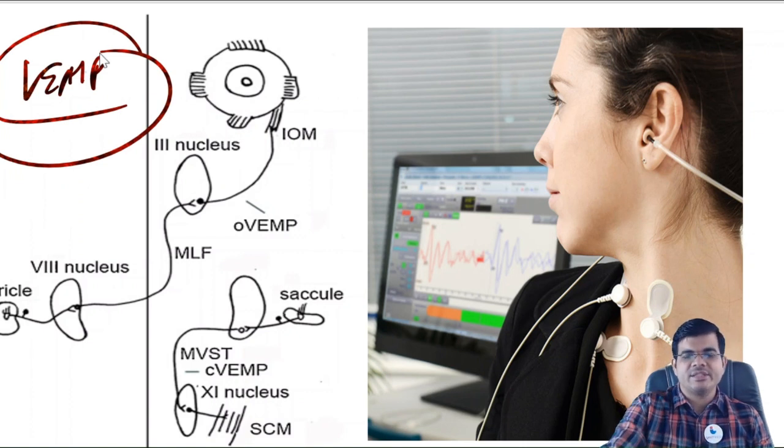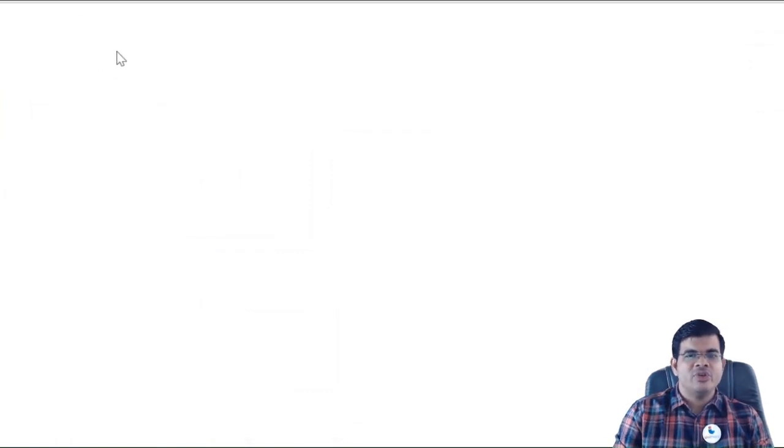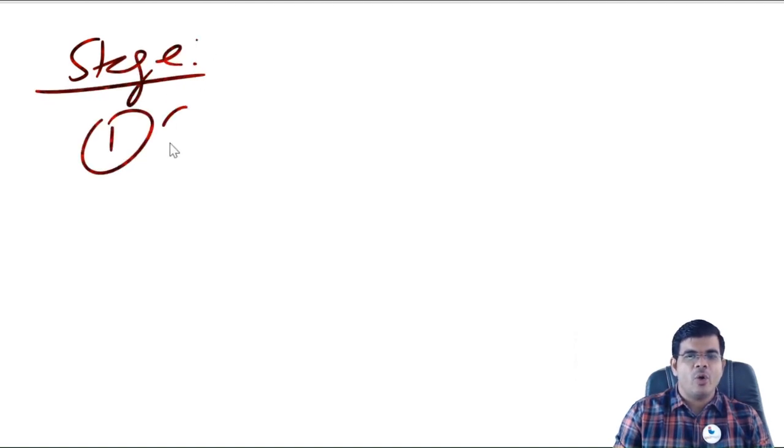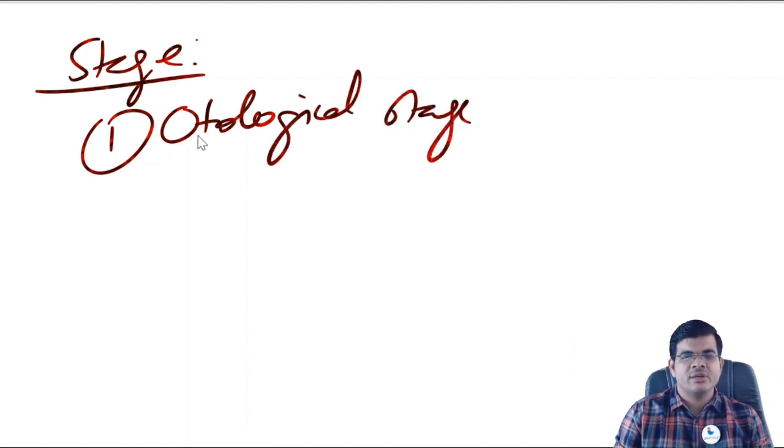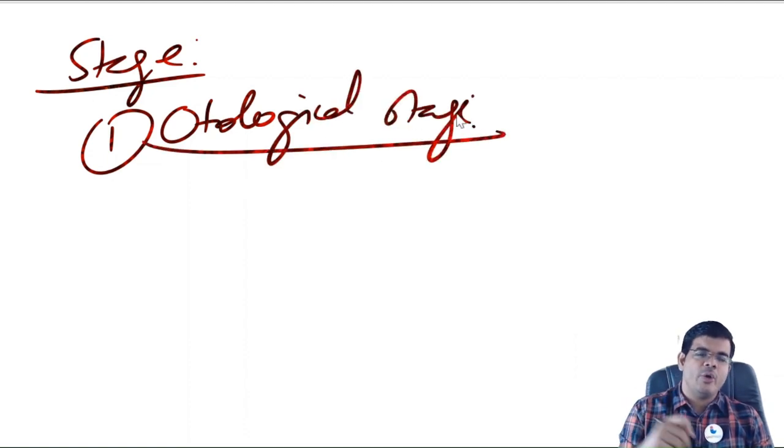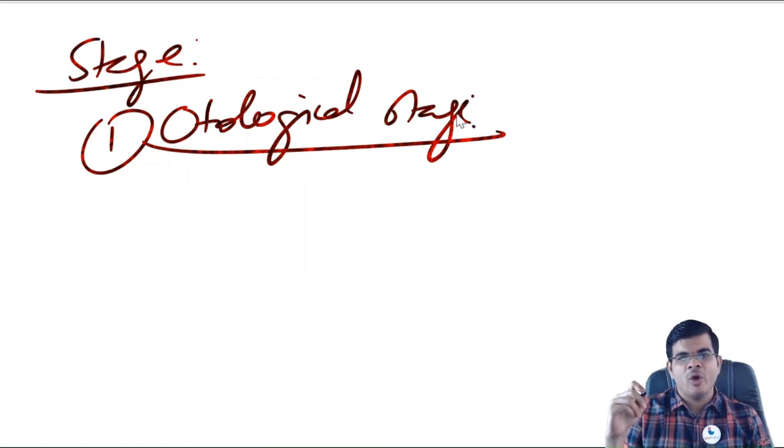Now, what is the staging of acoustic neuroma? How will you stage acoustic neuroma? In stage 1, which is the otological stage, the tumor is confined to the internal auditory meatus. The internal auditory meatus is only 1 centimeter, right? So, what is happening here? Only the structures within the internal auditory meatus are compressed.